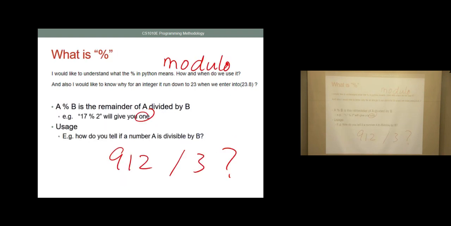There are a lot of methods, but what is easily done is you ask Python: is 912 percent 3 equal to 0? Because if you divide 912 by 3 and the remainder is 0, that means it's divisible. So you just ask if the modulo is equal to 0, then it's divisible or not. This is one of the very common ways of using the percentage sign.